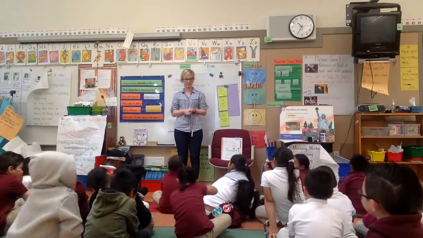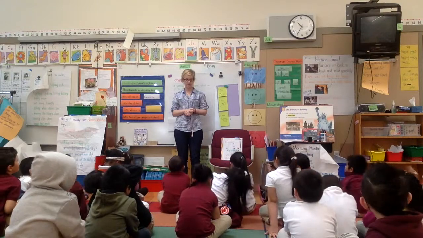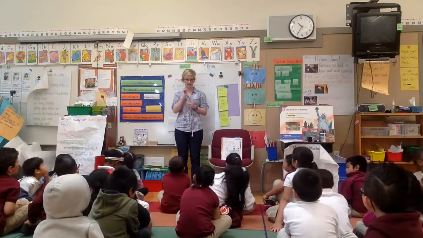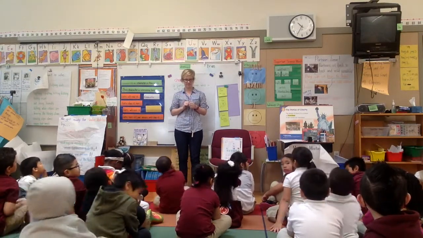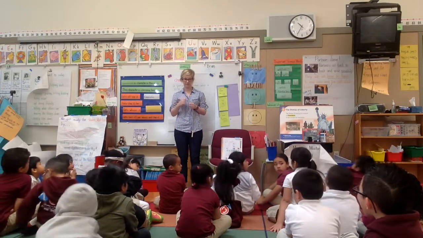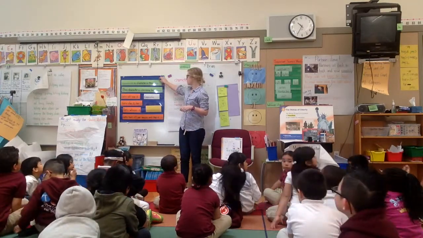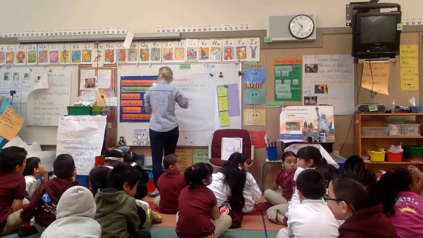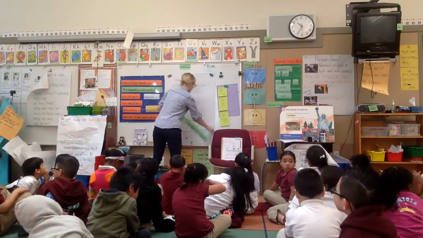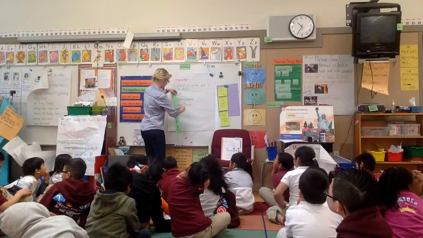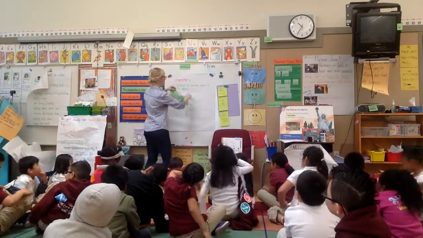I'm waiting for you to be on your bottom. Your hair out of your mouth. All the way out. Thank you. Now, we can use our sentence frame. Let's see if this stays up.